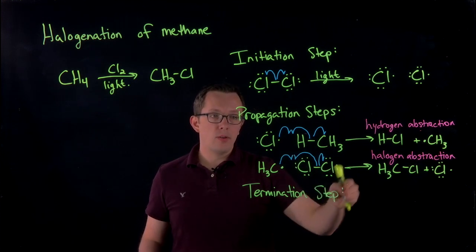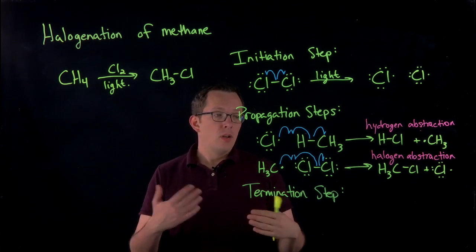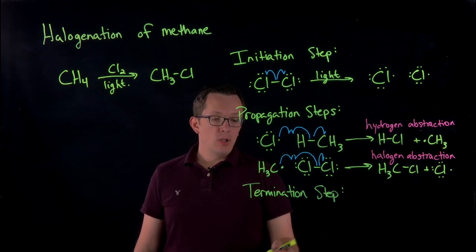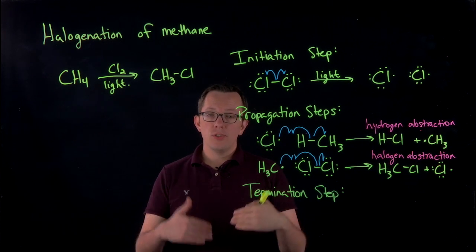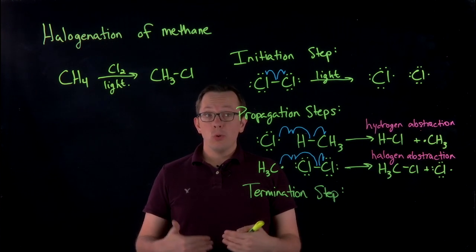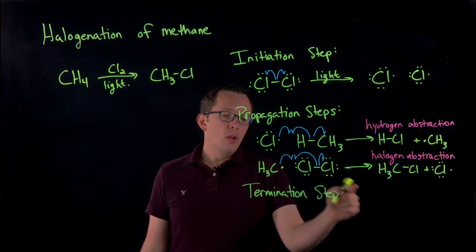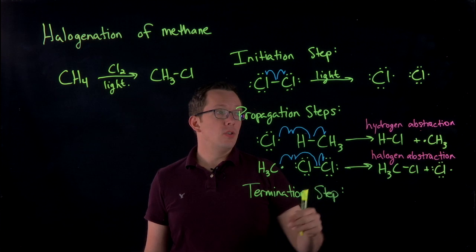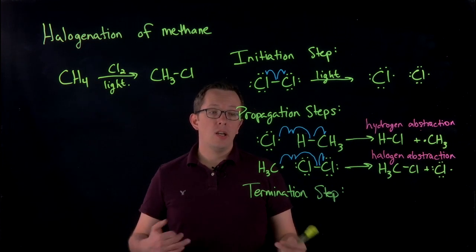So when the reaction slows down and all of our methane is converted into chloromethane, eventually we're going to do a termination step where two radicals react with each other in order to form a bond. So for termination steps in general, you can pick any two radicals that you generated throughout this reaction and combine them.